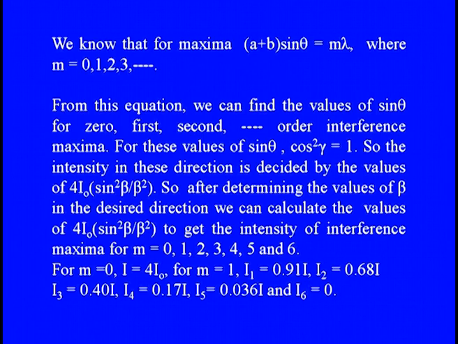Similarly, I2 will be equal to 0.68 I, I3 will be equal to 0.40 I, I4 will be equal to 0.17 I, I5 will be equal to 0.036 I, and I6 will be 0. Thus, we see that the intensity of interference maxima is gradually decreasing as order increases.